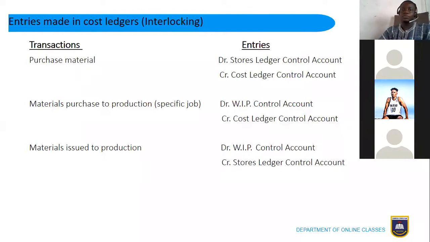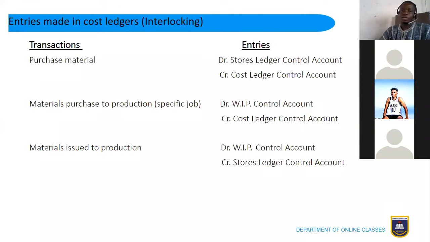So we said that the store's ledger control account records all material transactions, in terms of materials received, issues, etc. Anything that has to do with material affects the store's ledger control account. You got it? That is why we need to debit it.